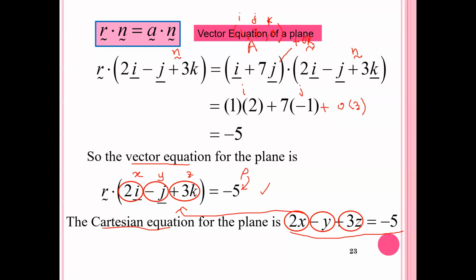But for plane, you just have two equations: the vector equation r dot n equal to a dot n, where n is the normal vector and a is the position vector of a point, and the Cartesian equation, where you equate it with p, which is a value. That's it for the chapter application of vectors.